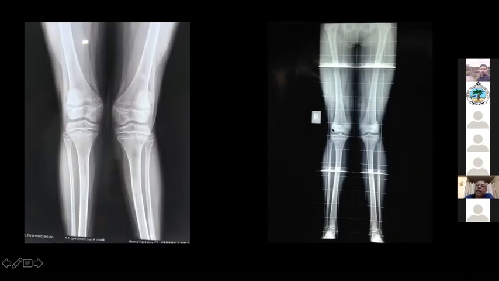Usually the mechanical axis will be deviated laterally in a genu valgum. That is called MAD, or malalignment test. Then you measure the lateral distal femoral and proximal medial tibial angle, where you draw the joint orientation lines and measure this angle.